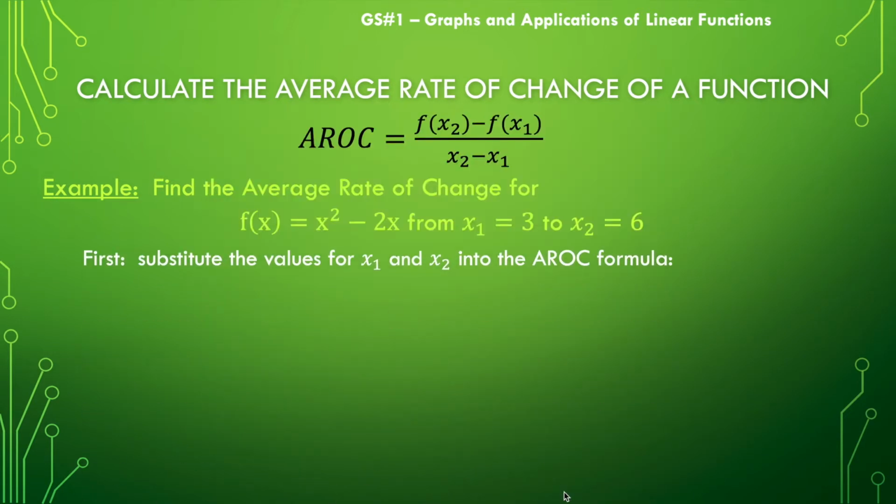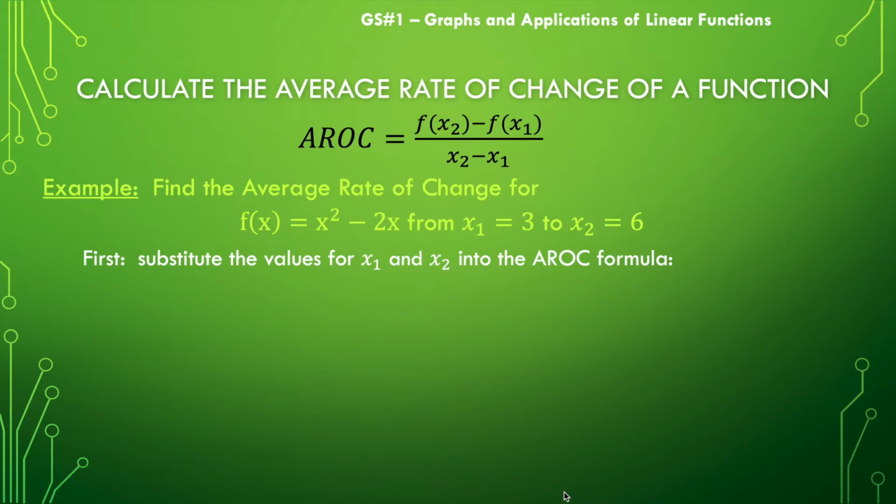Okay, so let's take a look. Here's an average rate of change problem, and I am given a function f(x) = x squared minus 2x, and I'm given 2 x values. x1 is 3 and x2 is 6. So I am going to use this function and these x1 and x2 values to find the average rate of change.